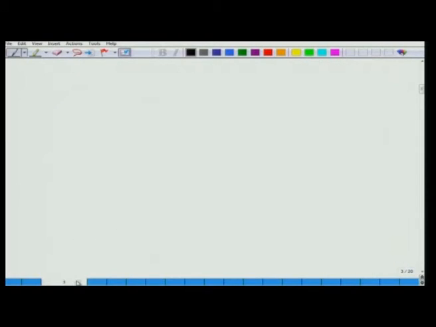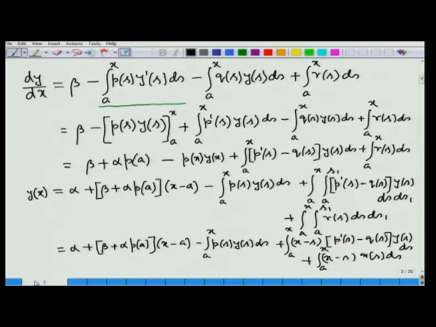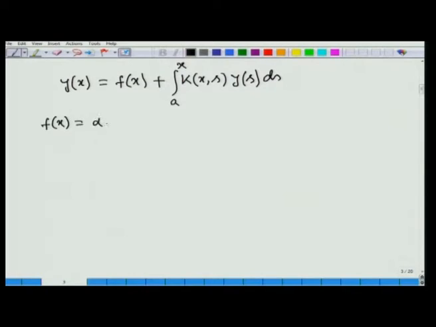Therefore, we can write this expression in the form y x equal to f x plus integral a to x k x comma s y s ds, where f x is equal to this expression, that is alpha plus beta plus alpha p a into x minus a, plus the last integral involving r, that is integral a to x of x minus s r s ds.